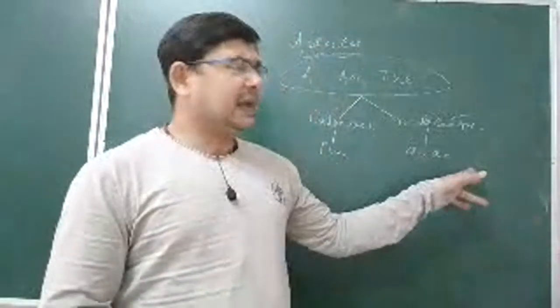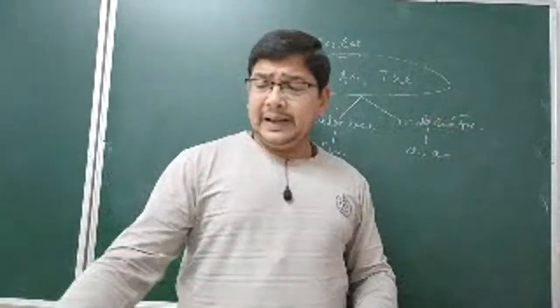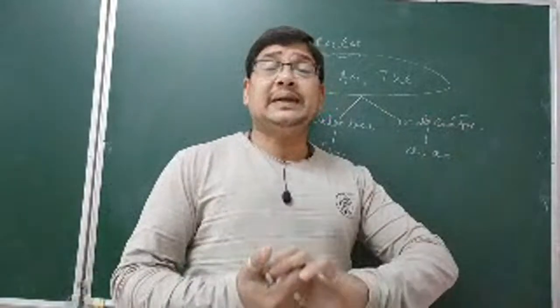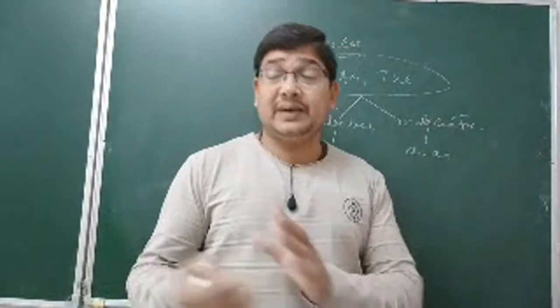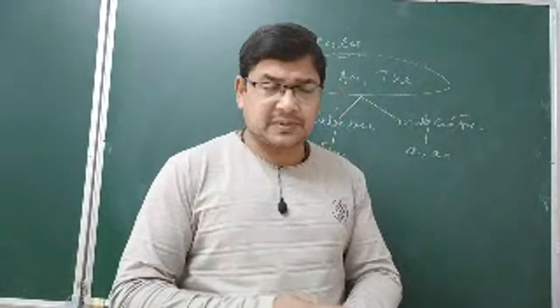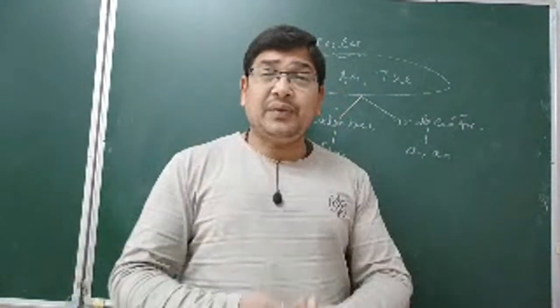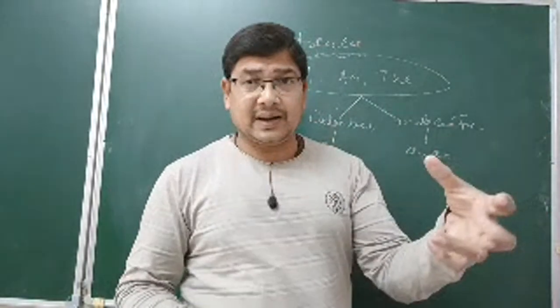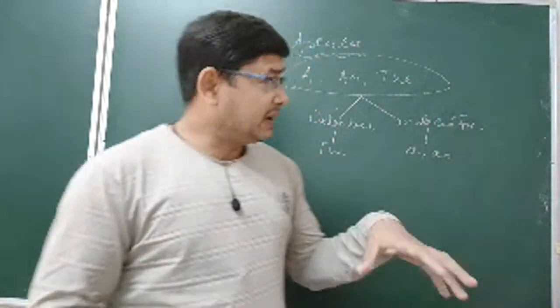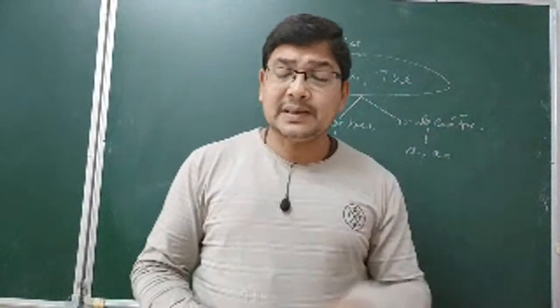Then comes a and an. What are a and an called? Indefinite article. Indefinite, not definite, indefinite. If it is not definite, then it is called an indefinite article.